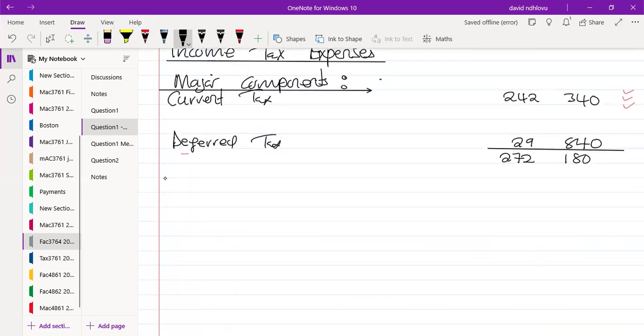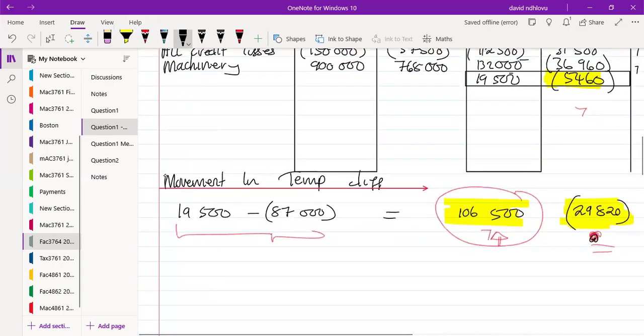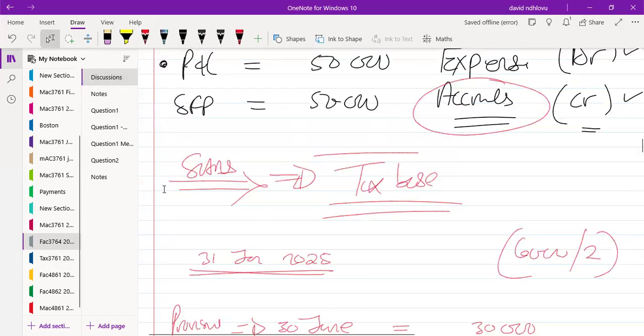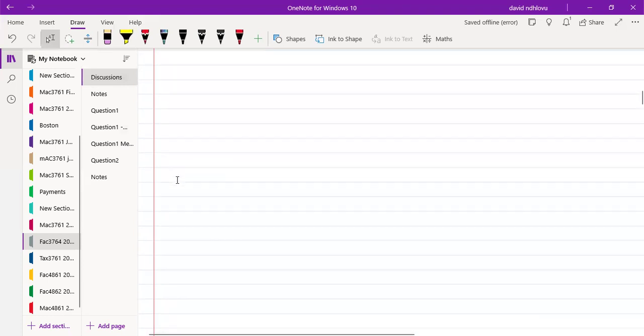There was a movement in deferred tax which resulted in an increase in deferred tax liability. But how do you get a deferred tax liability? What would have happened? Let's go to the earlier discussion. Right, where did my discussion start?